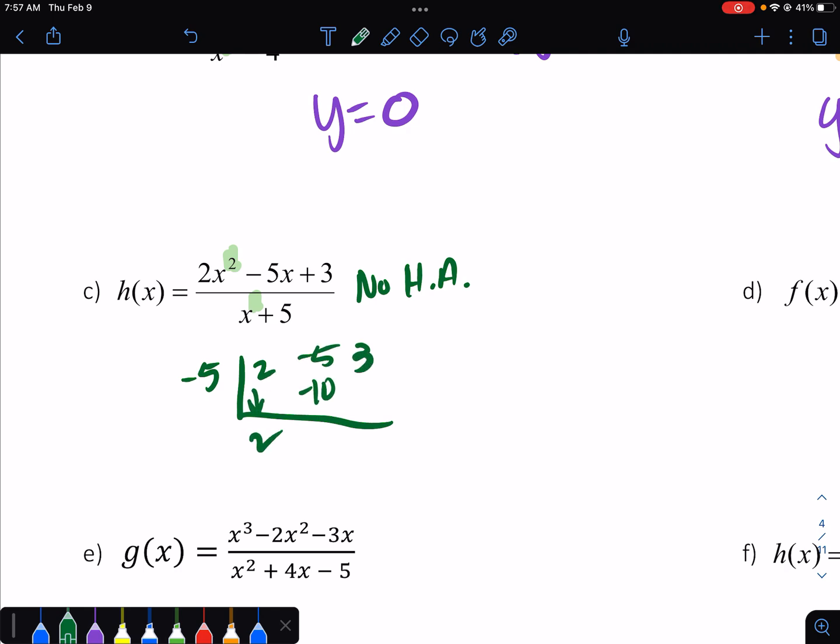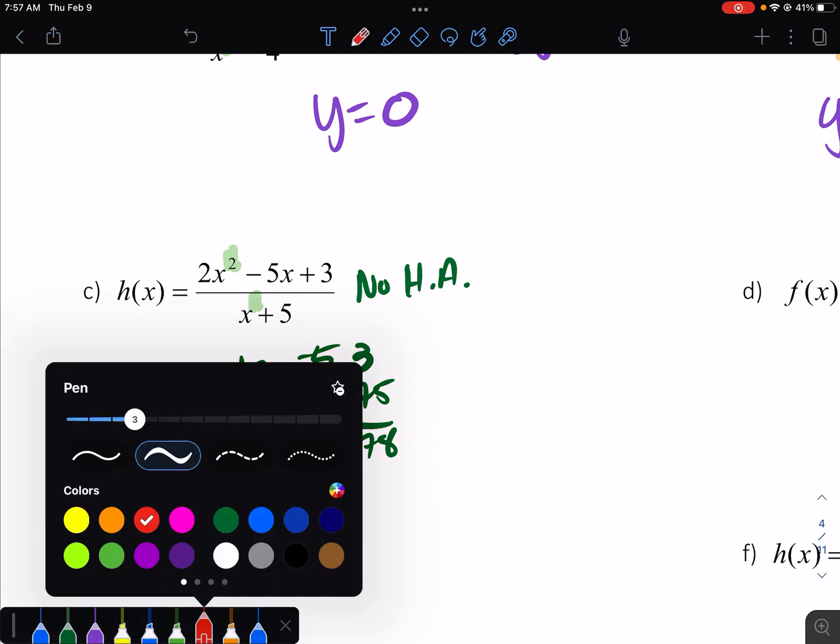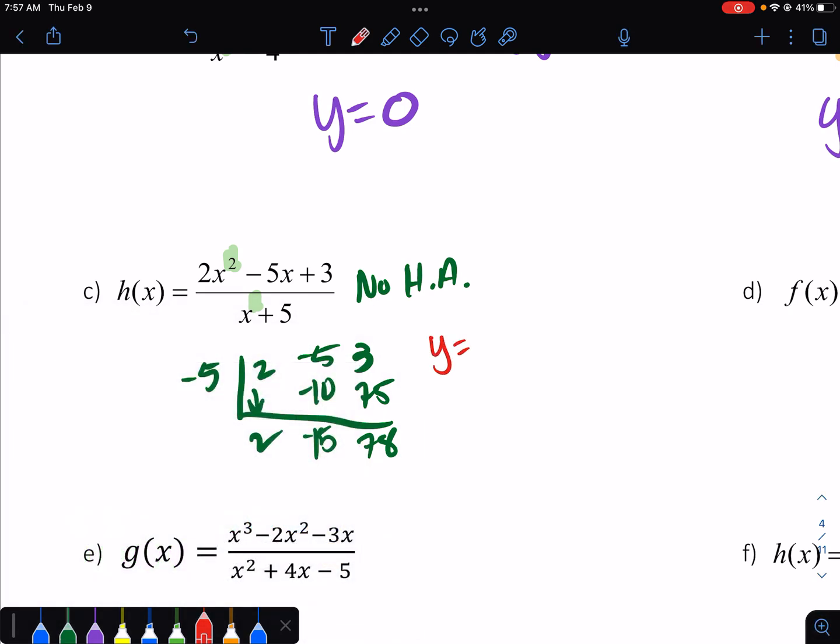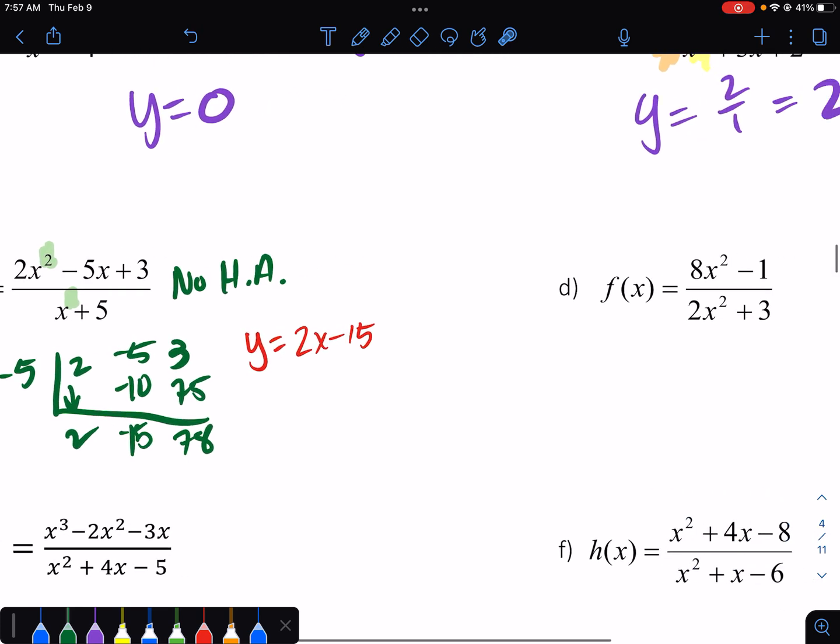So that gives us -10. That gives us -15. That gives us 75. And then again, we're not caring about our remainder for our end behavior asymptote. So we get, it was an x squared, so it's going to go to y equals 2x minus 15 because we knock it down by 1 power.